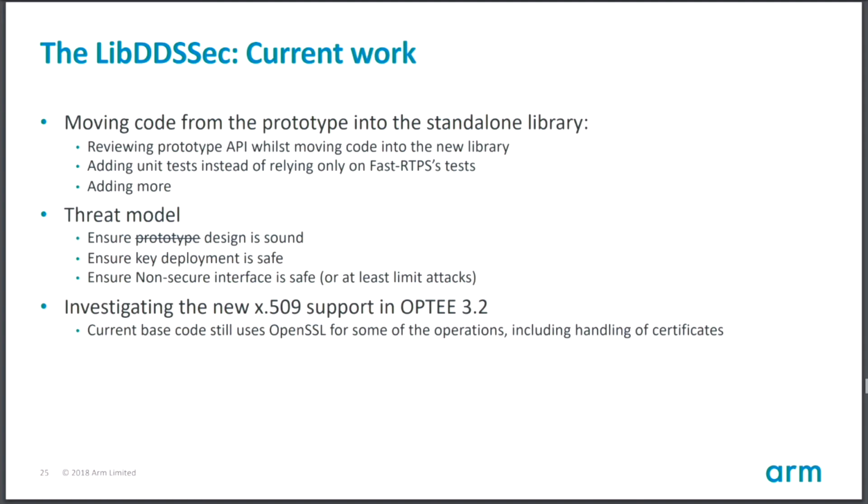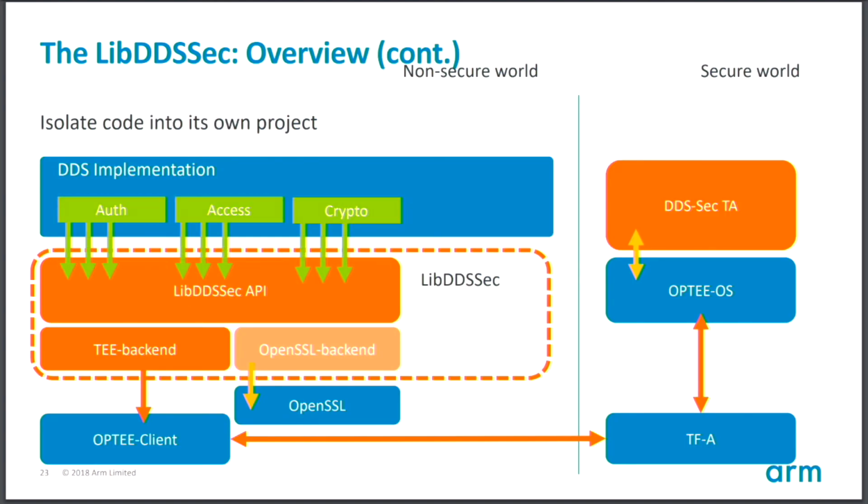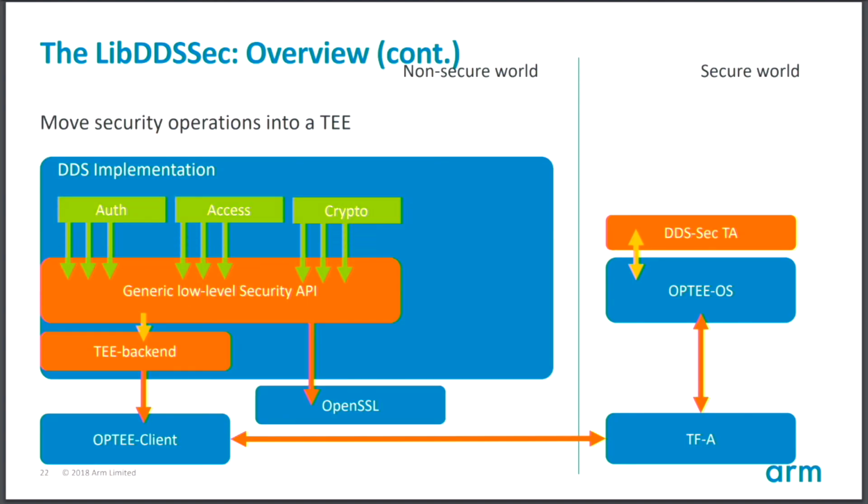What else? Yeah, current work is that we are moving from that prototype, which had all the components inside the DDS, into the library. That's the main bulk of the work right now. As part of that process, we are also reviewing that API. This API, which was based on OpenSSL, still has quite a lot of functions that, for example, pass the keys and import the keys, but now the keys are all going to be in that TA.